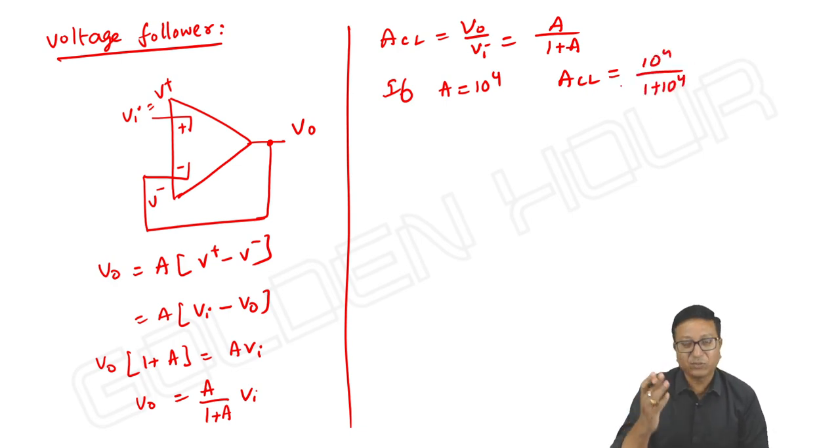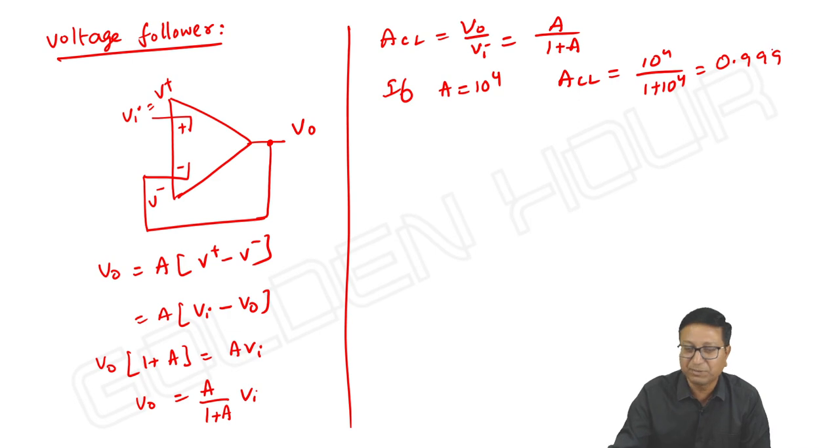Is it necessary to scratch our head with this value? Nothing to worry. It is around 0.9998, such a huge value, or close to 1. That is 10,000 by 10,001. It's close to 1.